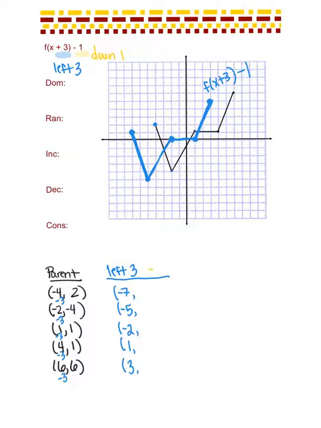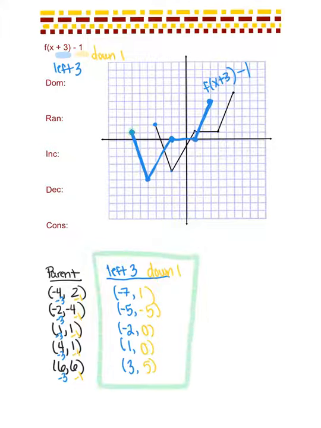And then when you go down 1, you're subtracting 1 from all of the y values. You can do this in 2 steps, or you can do it in 1. So you have 1, -5, 0, 0, 5. And these points here that we've outlined are the same points you have here, right in order: -7, 1, -5, -5, -2, 0, 1, 0, and 3, 5.